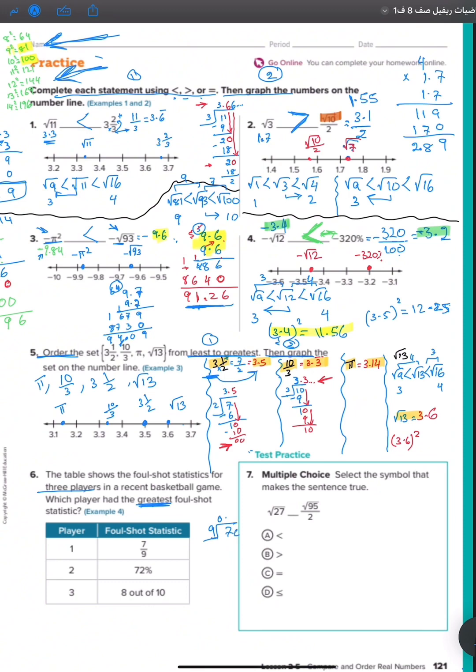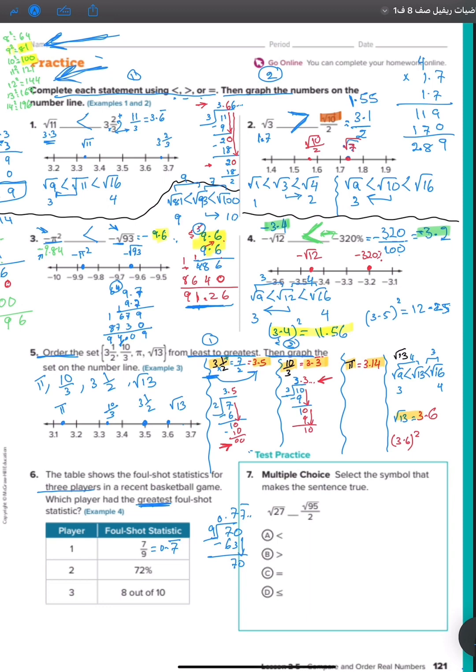We add 0. 70 divided by 9 is 7, because 7 times 9 is 63. Subtract, and we add 0 again. 70 also gives 7, and so on. So the answer is 0.7 repeating.